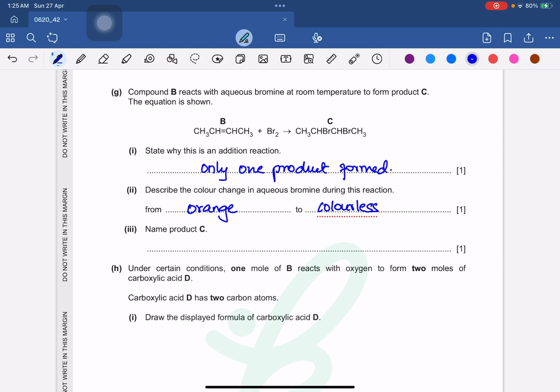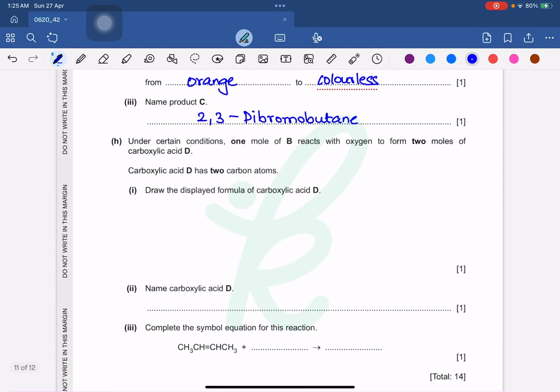Name the product C. Now for that we can see that the bromine is on the second and third carbon. So according to the rules of nomenclature, I'll specify the position of the substituent, the number of substituent, that is dibromo, and the parent chain, which is butane. Next question. Under certain condition, 1 mole of B reacts with oxygen to form 2 moles of carboxylic acid D, and carboxylic acid D has 2 carbon atoms.